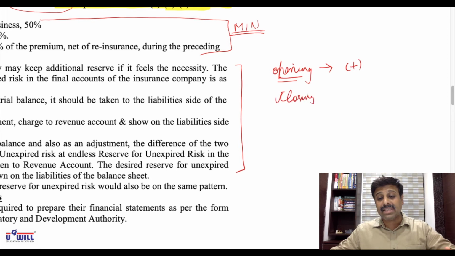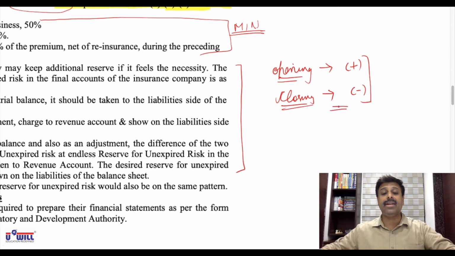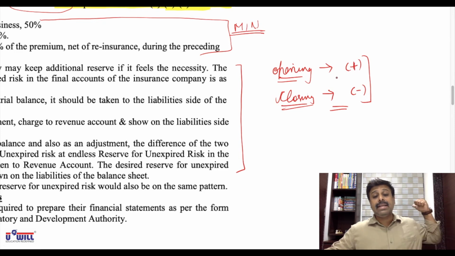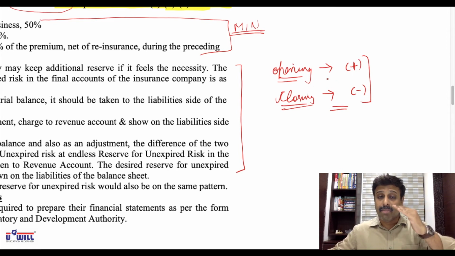And closing means current year's pre-received income which belongs to next year, so we will minus. Whatever is opening reserve for unexpired risk, whether it is normal or additional reserve, will always be plus. And closing reserve for unexpired risk, we will minus, that belongs to next year.